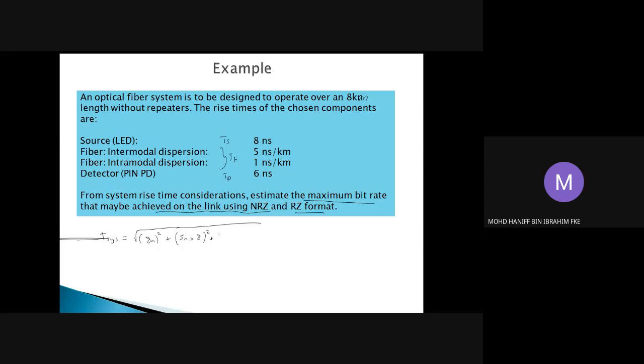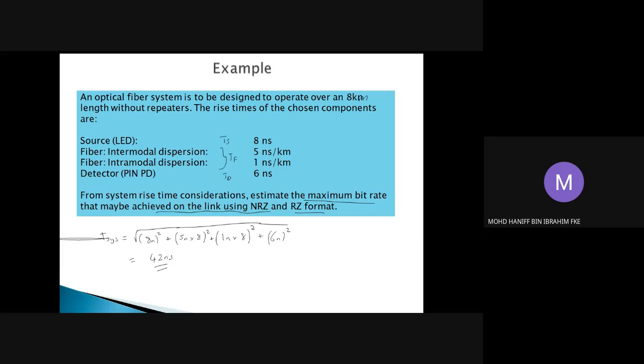The second effect is from the intramodal dispersion: 1 nanosecond multiplied by 8 kilometers, squared, plus the rise time of the detector, 6 nanoseconds squared. That should be the rise time of the components. Calculating this, the total rise time for the system should be 42 nanoseconds. You can calculate this on your own.